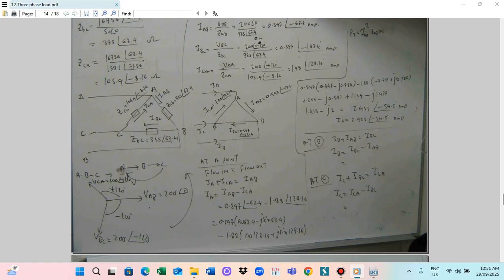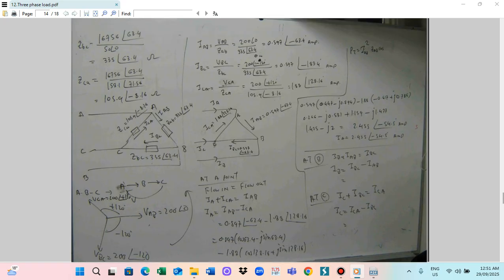So that we solve this one. This is 0.597 multiplied by 0.447, so you got 0.266 minus j(0.597 multiplied by 0.894). So this is 0.531.